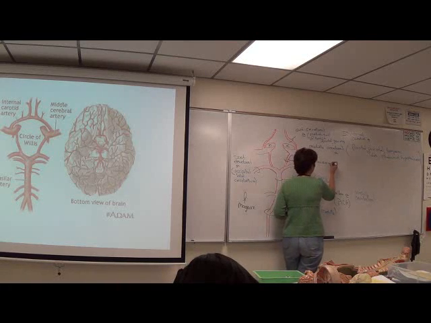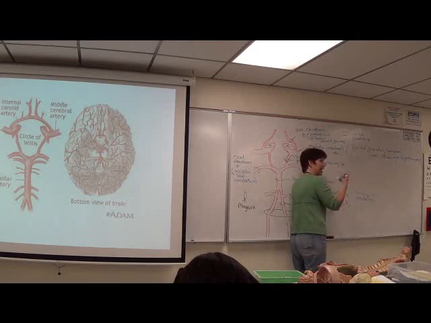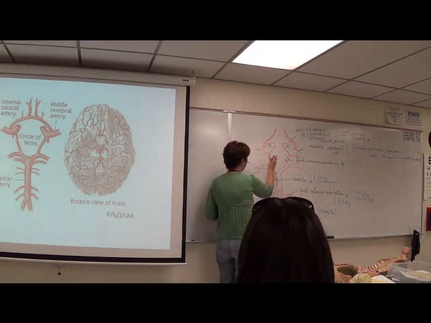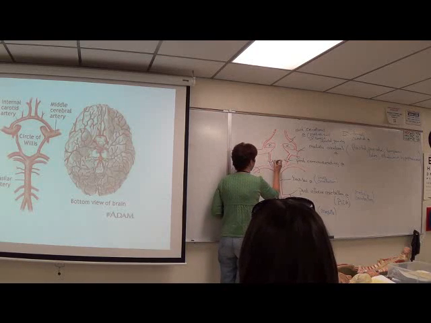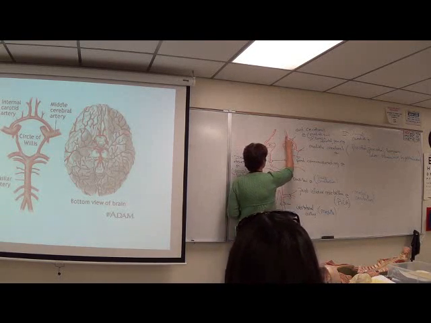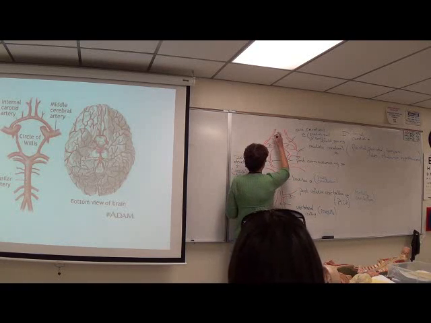And I'm not going to identify a part of the brain that's supplied because these are really more just connecting the other vessels. Okay? So this is also a posterior communicating. And then we have a single anterior communicating.